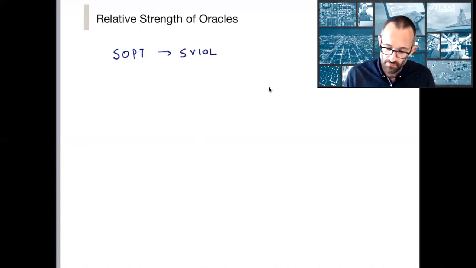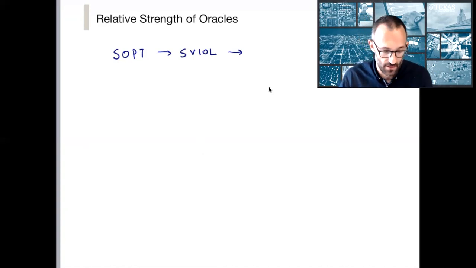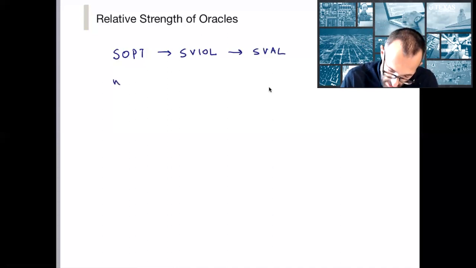And the violation problem is more difficult than the validity problem, because violation is actually asking you to produce the point that violates, whereas validity does not. So clearly we have this, and also for the weak versions as well.